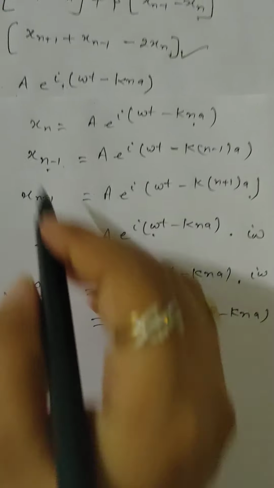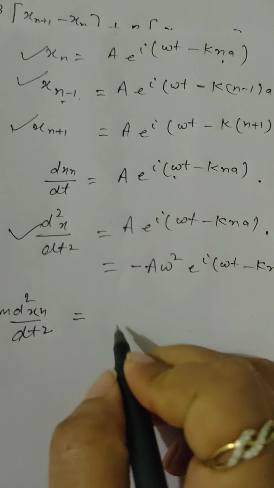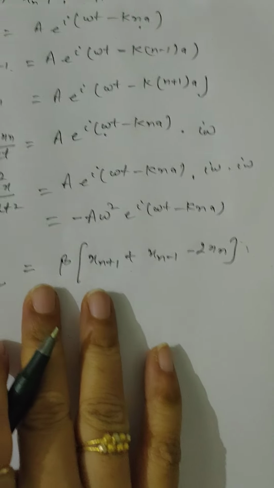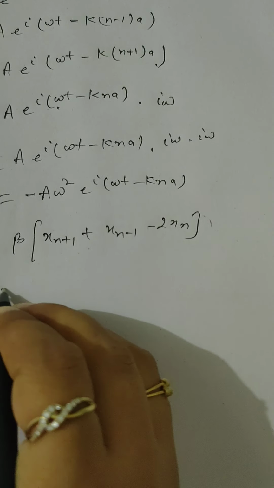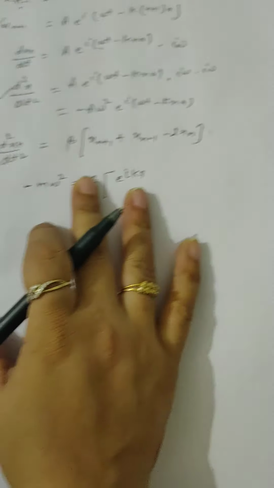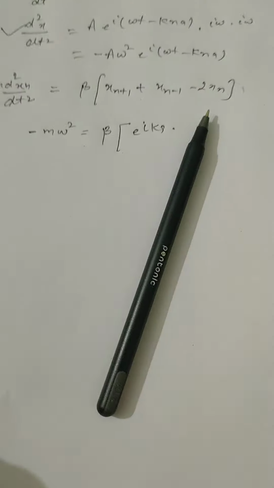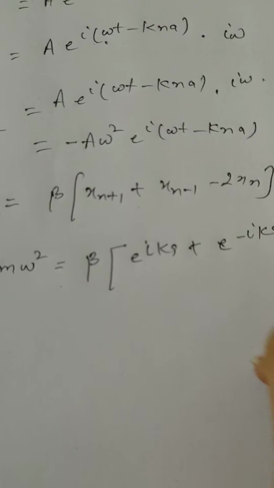So by putting the value of these in the equation m d square x by dt square is equal to beta xn plus 1 plus xn minus 1 minus 2 xn, we will have at the final minus m omega square equal to beta times e raised to power iota ka plus e raised to power minus iota ka minus 2.